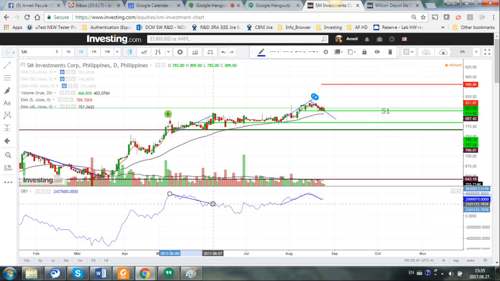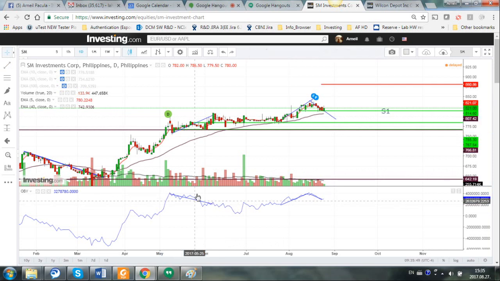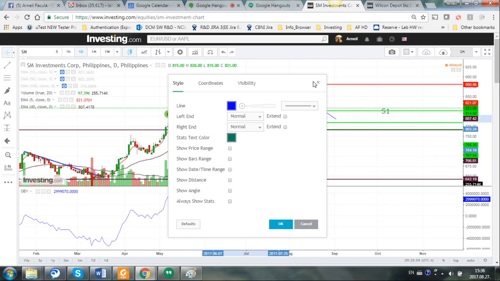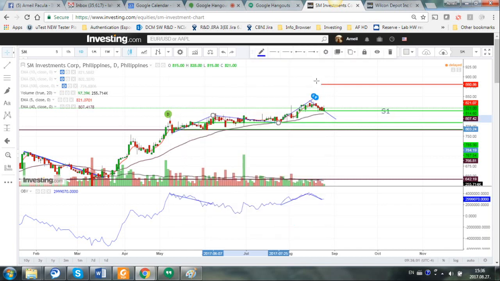So this is divergence of price and the volume. So in that case, pag ganyan ang behavior, uptrend and downtrend, we are anticipating that the price may go down later in the next round, which is true. Although nag-go down siya, pero hindi masyadong deep.